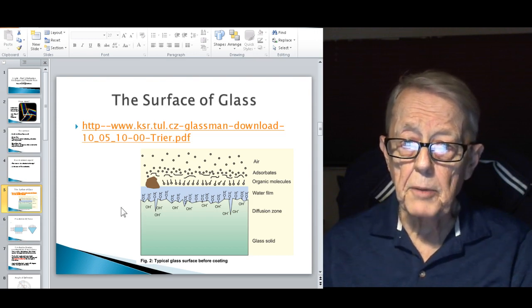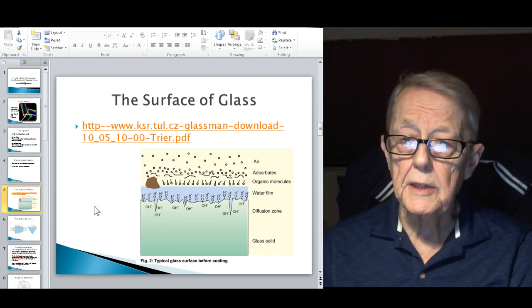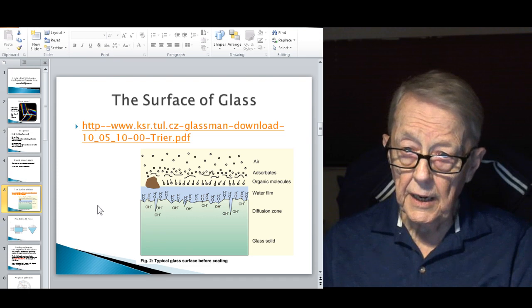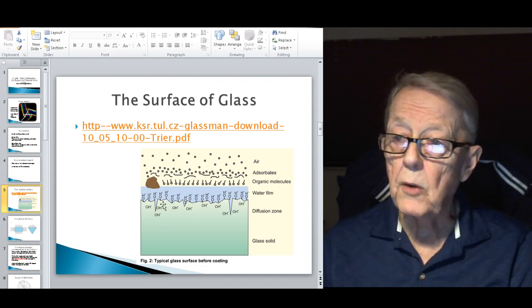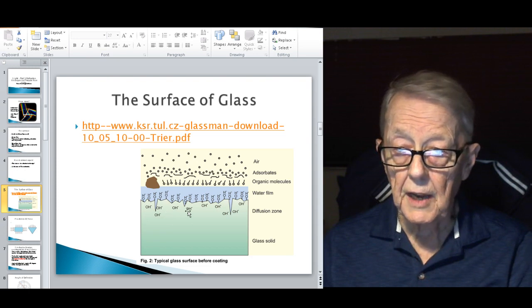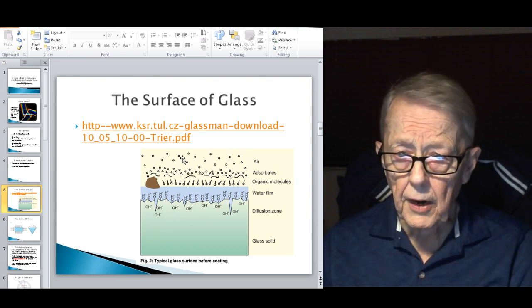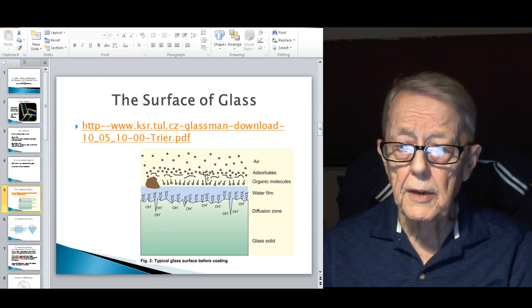Found an article by a man who calls himself Glassman, who actually does coating of glass, various coatings, and he apparently has studied what can be found around the surface of glass. This is his drawing. Air at the top here. There are some absorbents here.